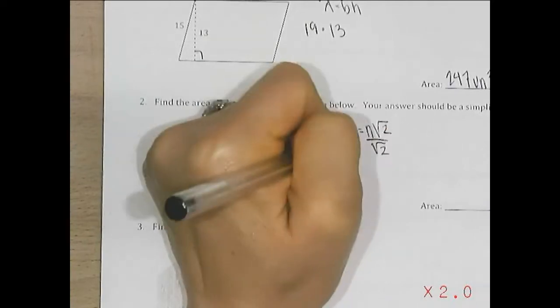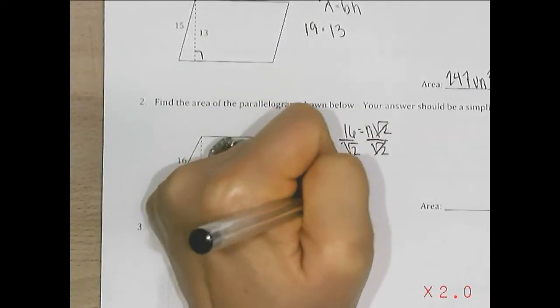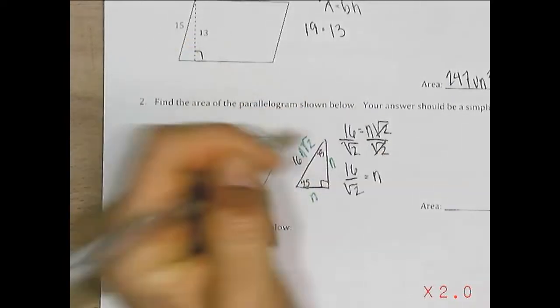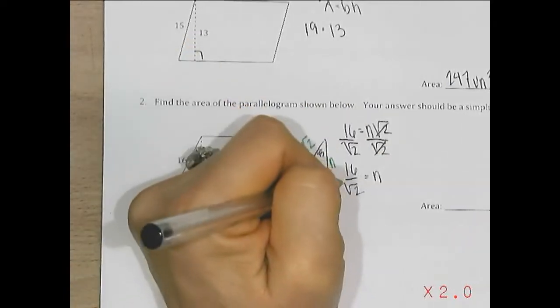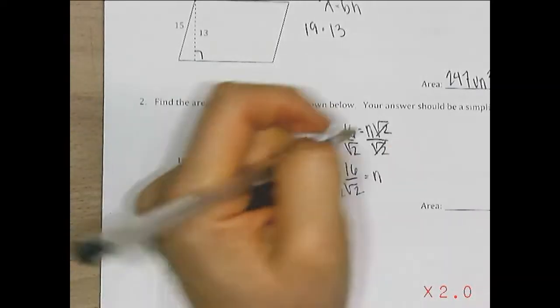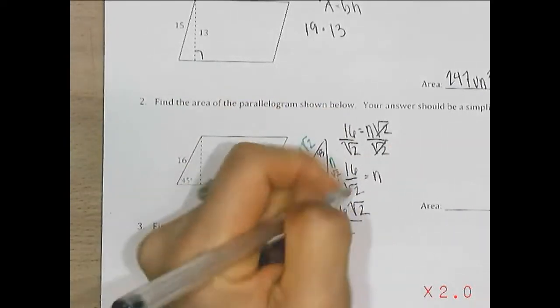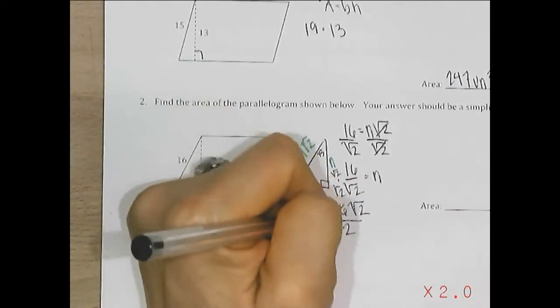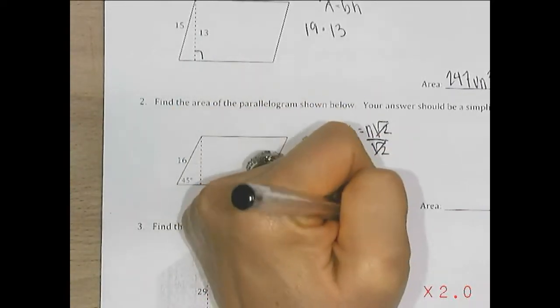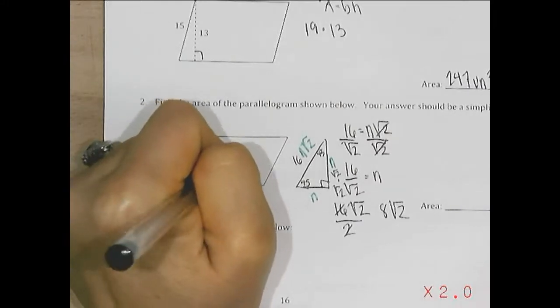I'll divide by rad 2 and divide by rad 2. I'll end up with 16 over rad 2 equals n. And then I can't have a radical on the bottom, so I need to multiply both the top and the bottom by rad 2. I end up with 16 rad 2 over 2, and that simplifies down to 8 rad 2. That's my height. So now I know my height is 8 rad 2.